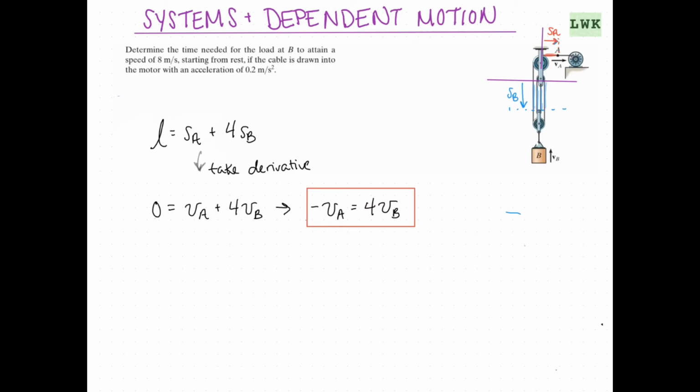Now let's take the derivative again for our acceleration.